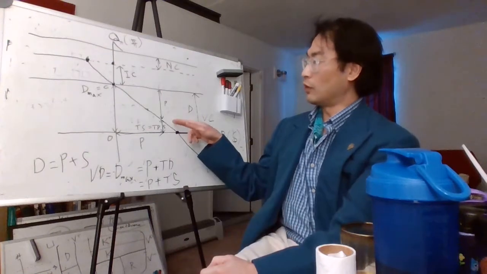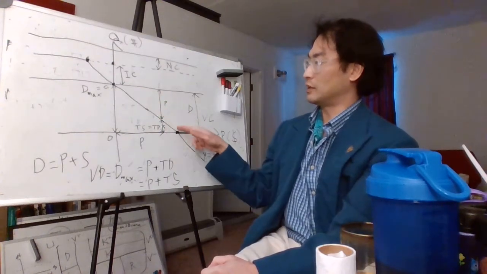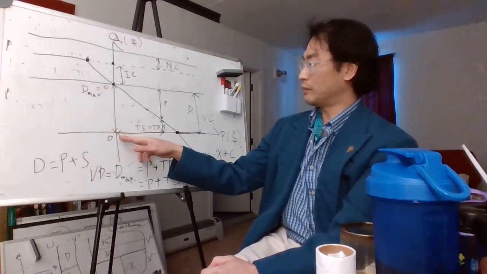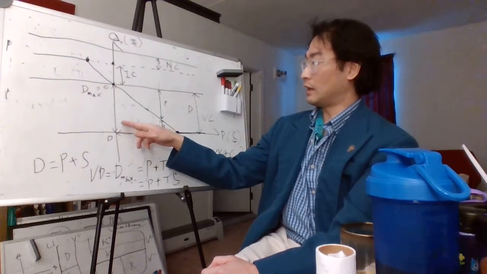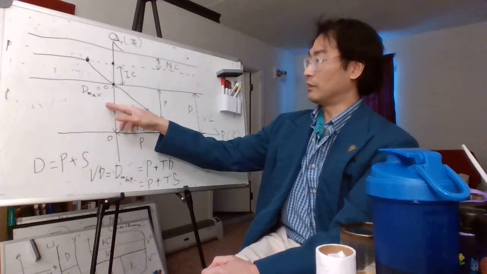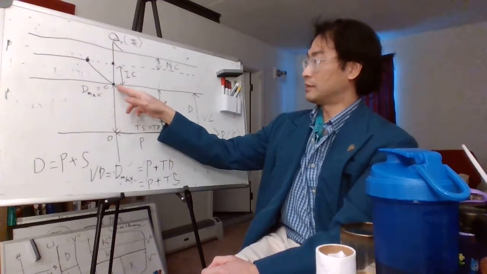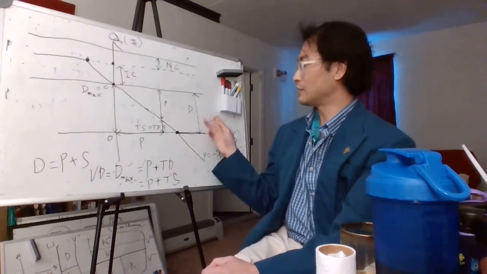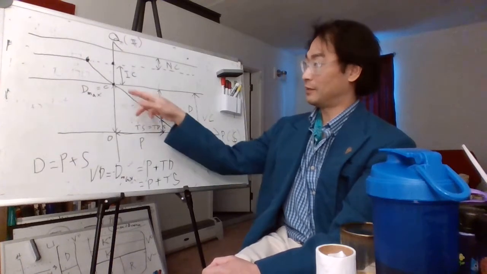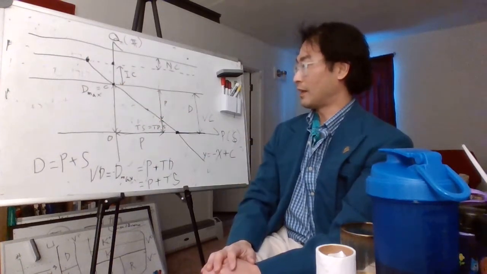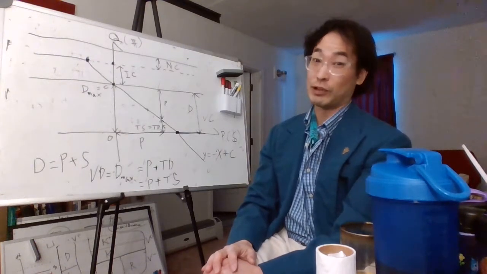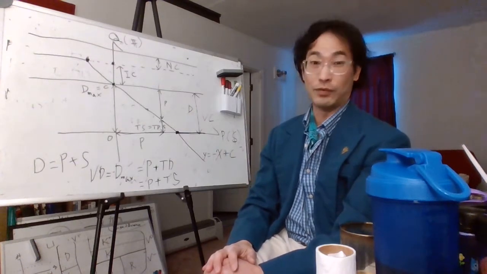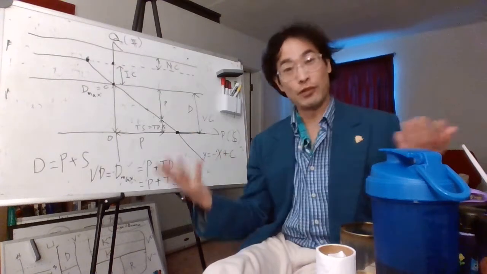As we move along this transactional demand curve, when price is zero, the demand level is the volitional demand level, and all the pasta that you produce, people come and take it for free.